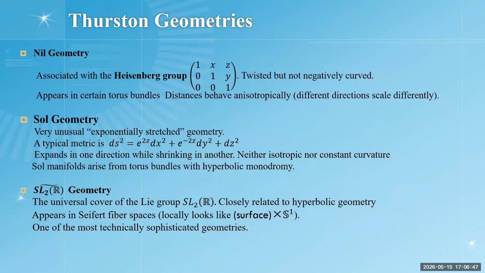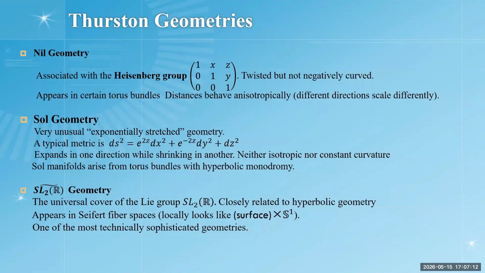So different directions scale differently. And the Sol geometry has this strange metric. If you just look at the x direction, that expands, right? But if you look at the y direction, it shrinks, right? According to this dimension G.